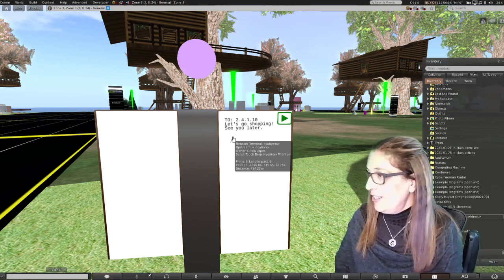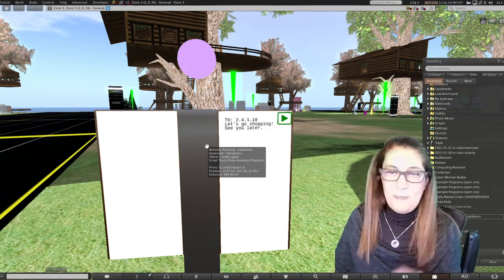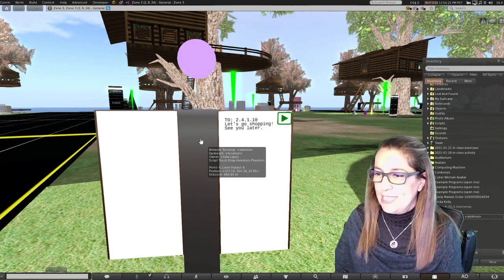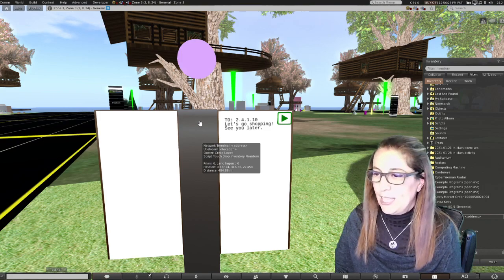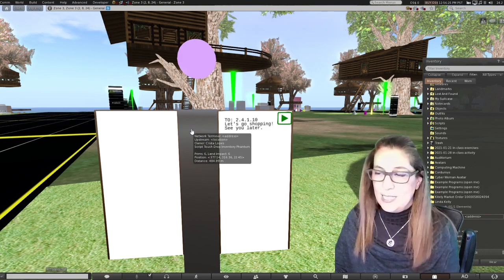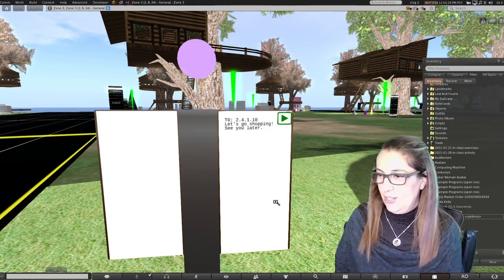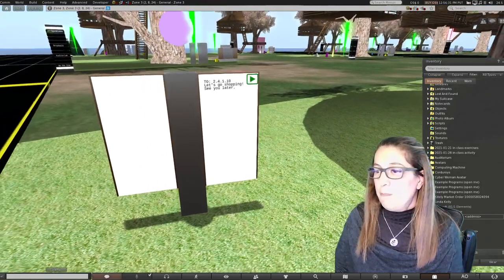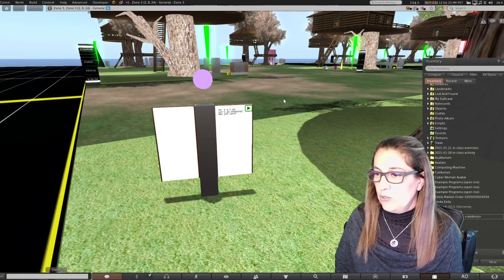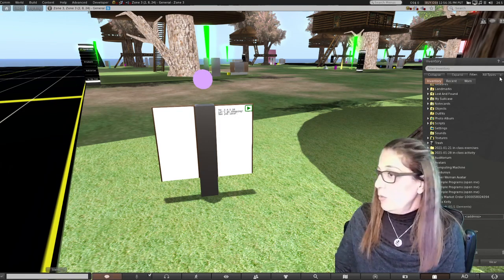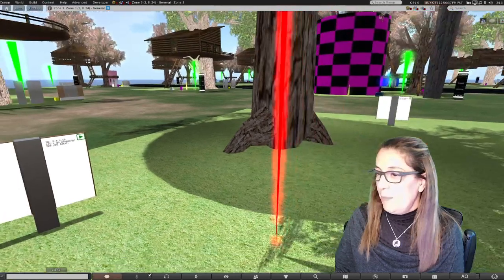After some time it will just poof and disappear. I think I have a timeout of like 40 seconds or something. After 40 seconds it will disappear because it wasn't sent anywhere, and it's just sitting here doing nothing. So that is one thing that you can try. But now we need to set up the network.